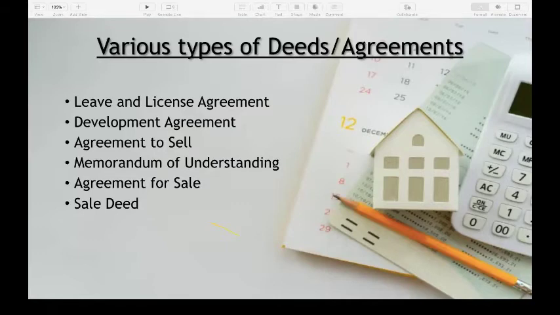The agreement also specifies the different procedures to be followed leading to the execution of the conveyance or sale deed. Basically, it records the understanding reached between the two parties and is binding on both.